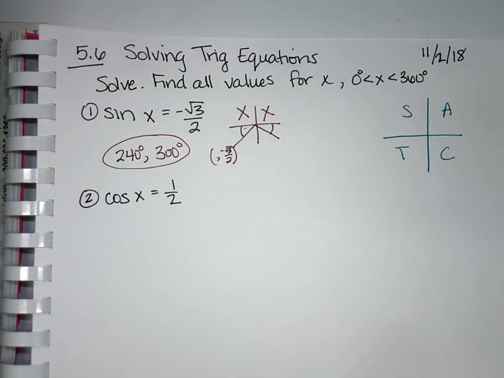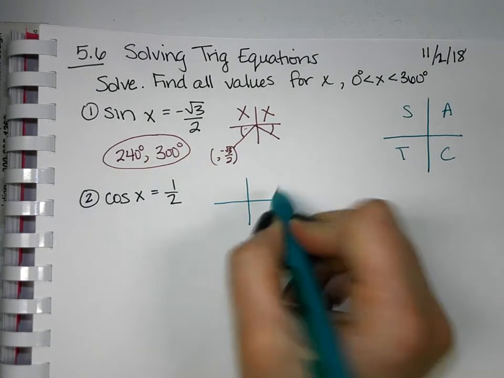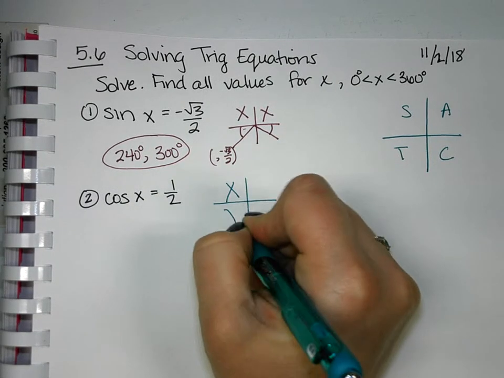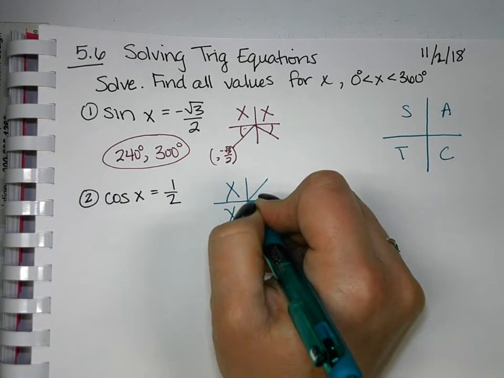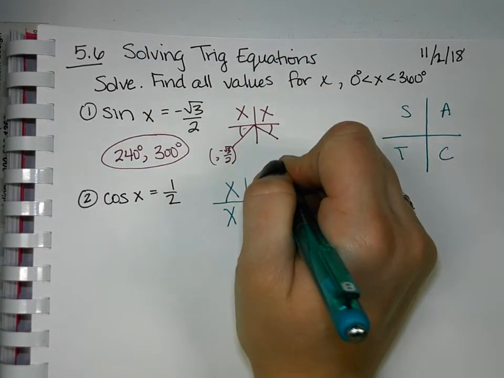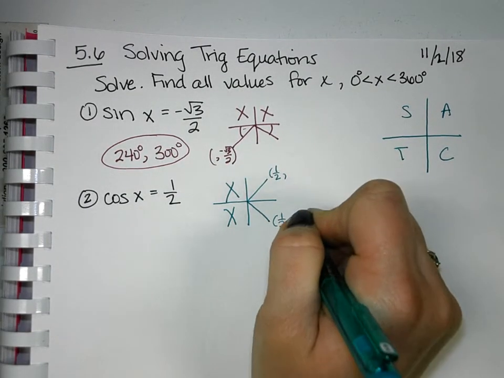Let's do another one to remember from way back when: cosine x equals 1/2. Again we're positive, so I want to look where cosines are positive. They're negative in quadrants 2 and 3, so my angles have to come from quadrants 1 and 4. Now I think, where do I see a 1/2 in the x spot for my cosine on the unit circle?